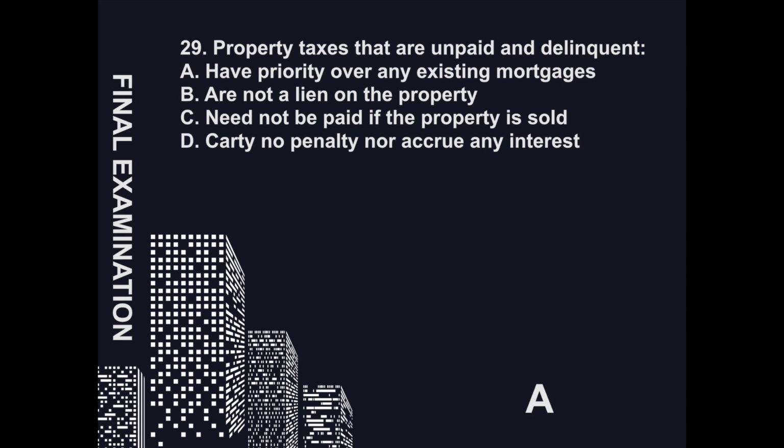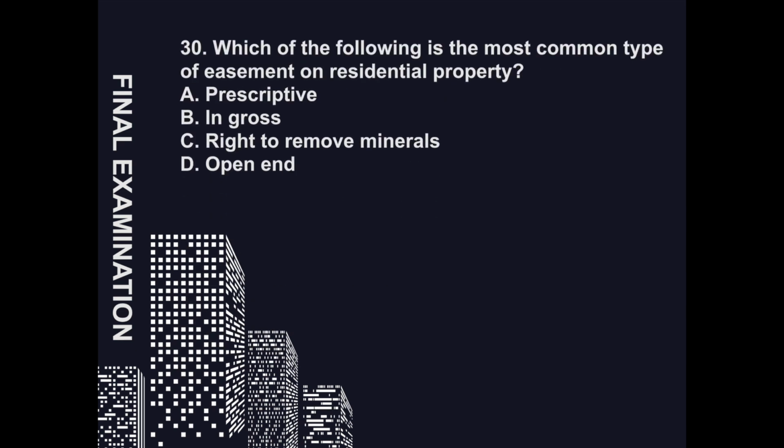Have priority over any existing mortgages. Which of the following is the most common type of easement on residential property? Engross.